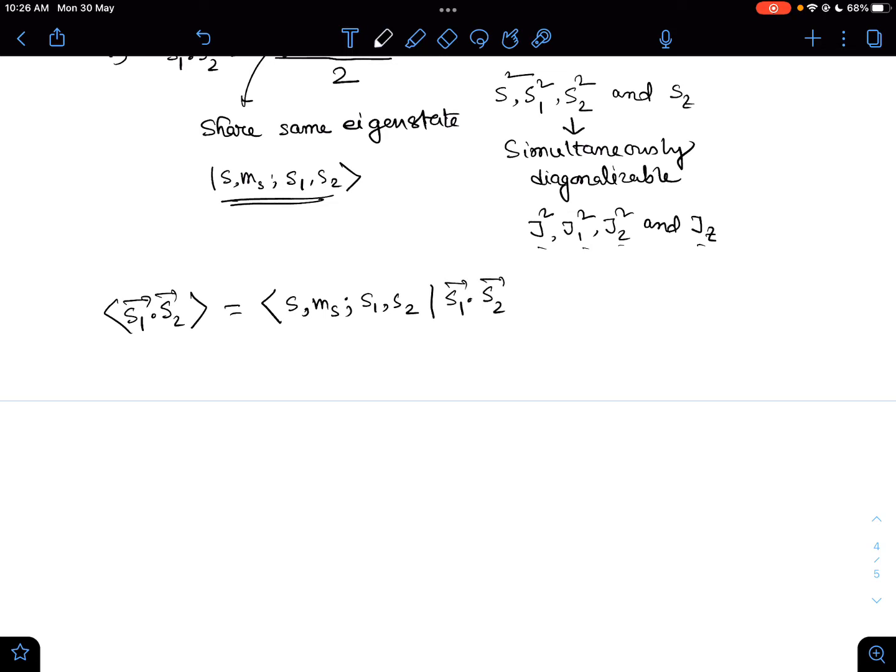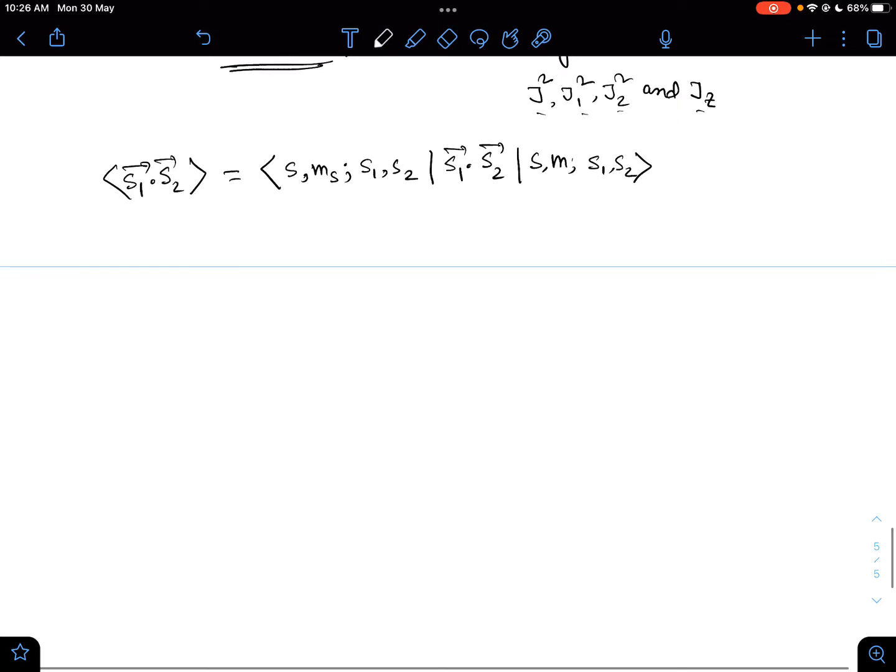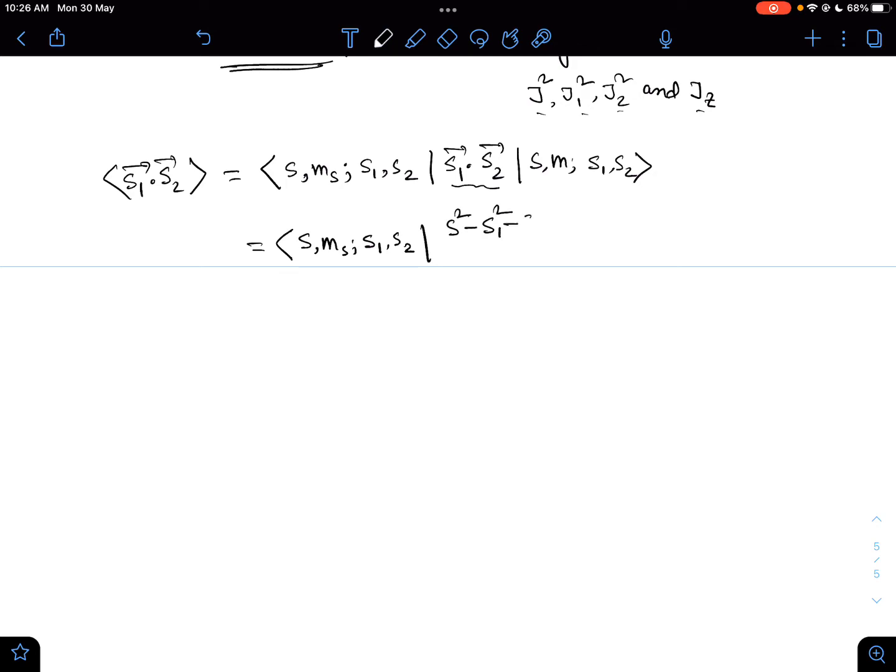So we need ⟨S, M, S1, S2| S1 dot S2 |S, M, S1, S2⟩, which we can write as ⟨S, M, S1, S2| (S squared minus S1 squared minus S2 squared)/2 |S, M, S1, S2⟩.